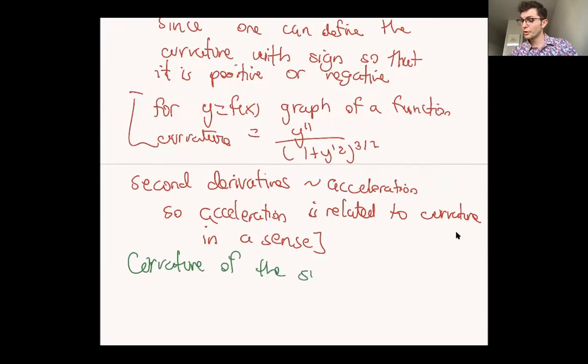And now the real cool thing is that you can talk also about curvatures of surfaces. And here's the trick. Let me show you again with the animation what this is.